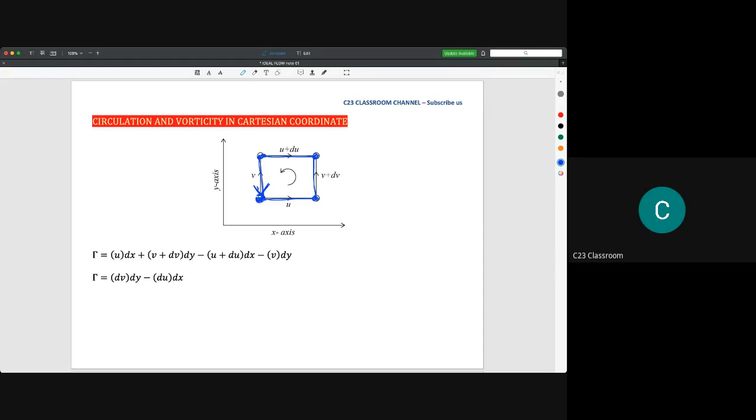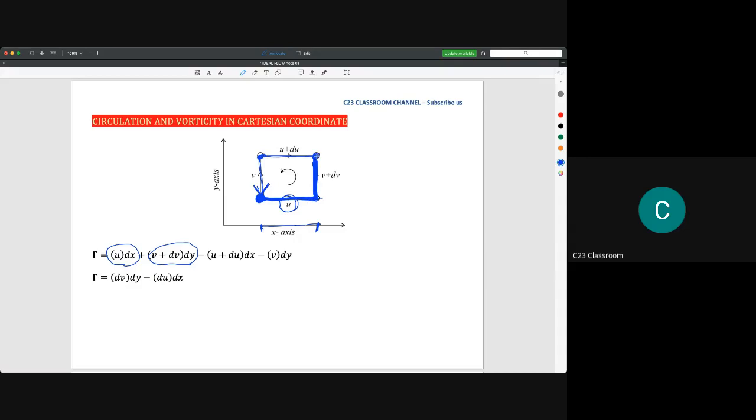So the idea is velocity times distance. For this side, we could write u times dx, because we have a positive u and the distance here is dx, meaning the distance on the x-axis. And then for here, the velocity is going upward, so we have v plus dv times dy, because dy here is the distance traveled by the fluid.